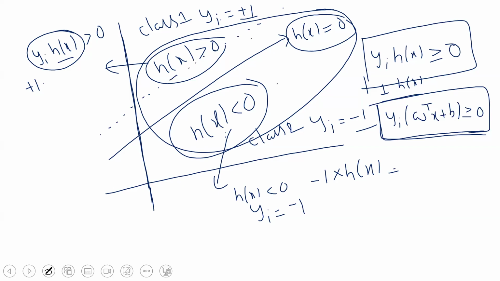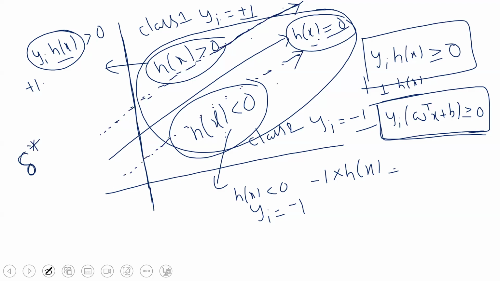Margin is nothing but the distance from the hyperplane to the support vector, or the line intercepting the support vector. This margin is what we have to find out, and it is represented by this symbol.